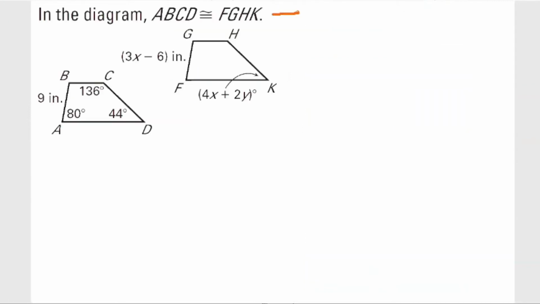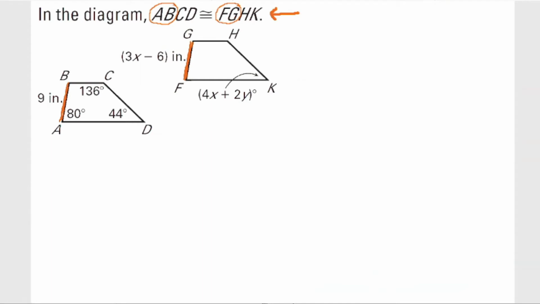And if in a problem they give us a congruence statement, we can totally use that to help us solve the problem. For example, I know that the side AB has to match with the side FG. So on this picture, side AB has to match with side FG. That makes it really easy, especially if they had twisted this one around, upside down or even flipped around, which makes it really hard to figure out which side matches with which side.